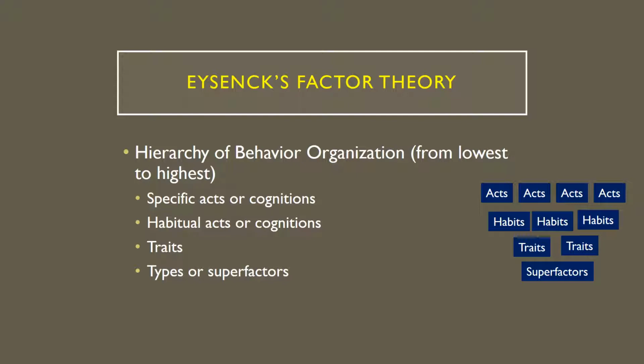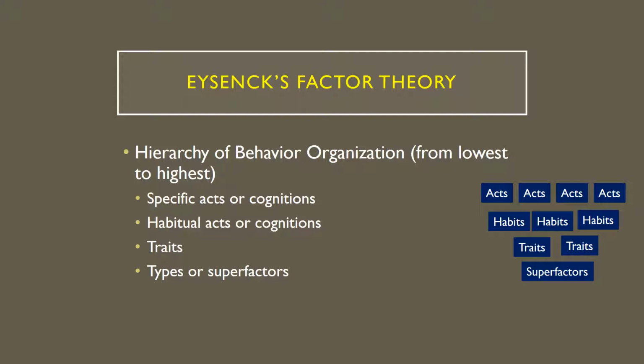I've constructed a diagram of behavioral organization from lowest to highest to show you. A hierarchical model such as Eysenck's suggests strong relationships between one level of the hierarchy and the next. Specific behaviors or acts derive from habits, which derive from traits, which derive from types or superfactors.